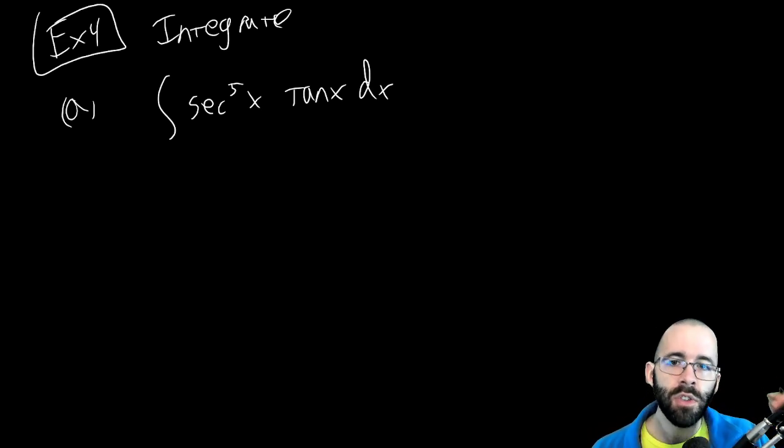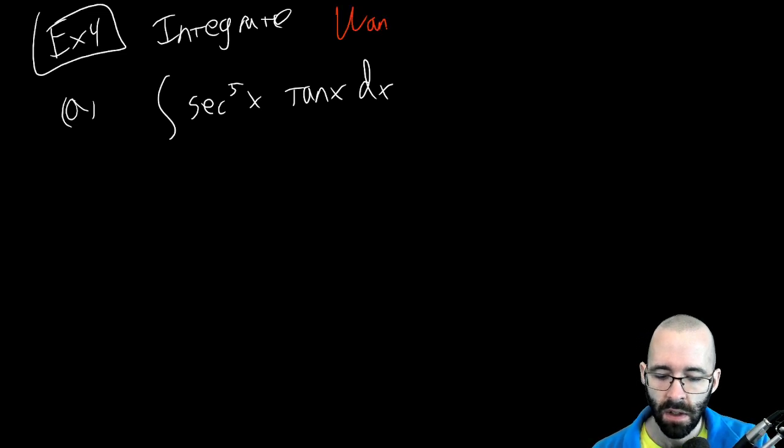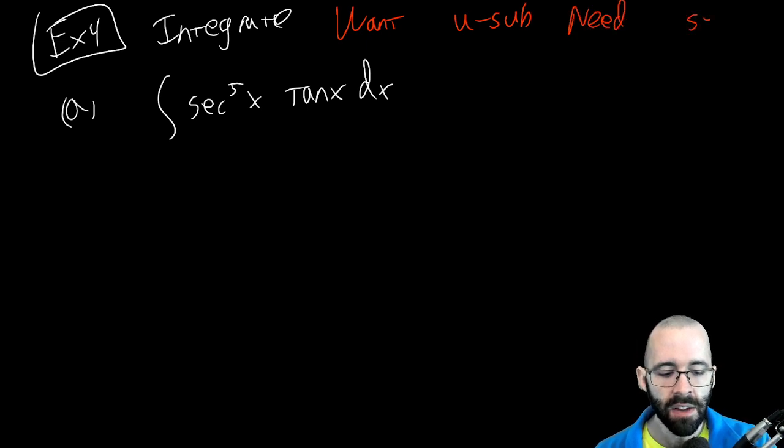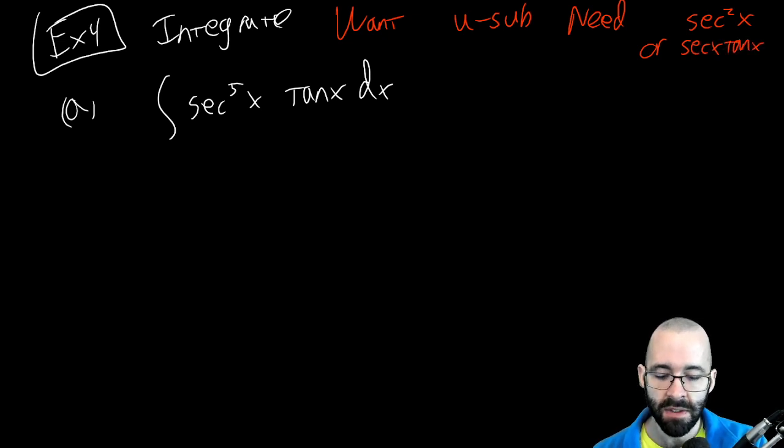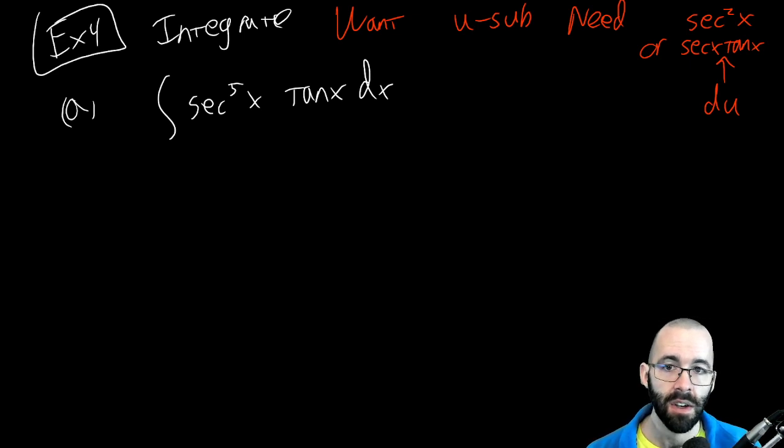But it's the same idea. We want to do a u substitution. In order to do a u substitution, we need either a secant squared by itself or a secant tangent by itself, because these are going to be our du's. So that's really what this video is about.